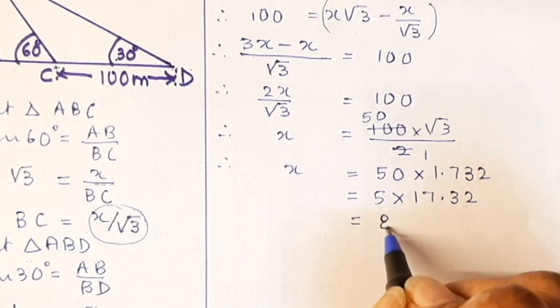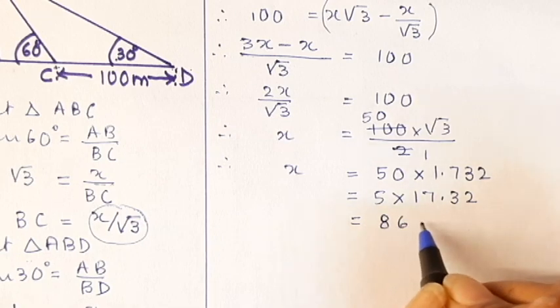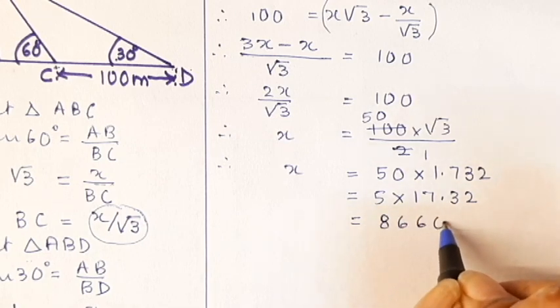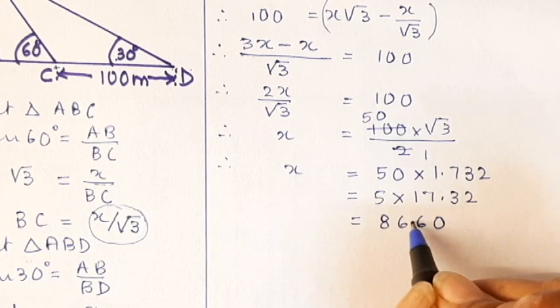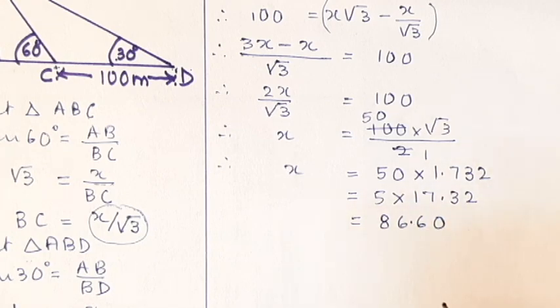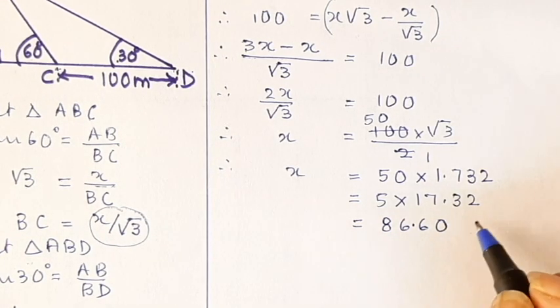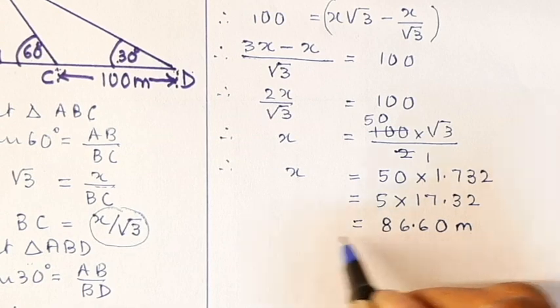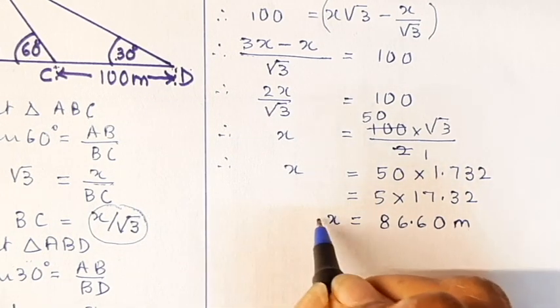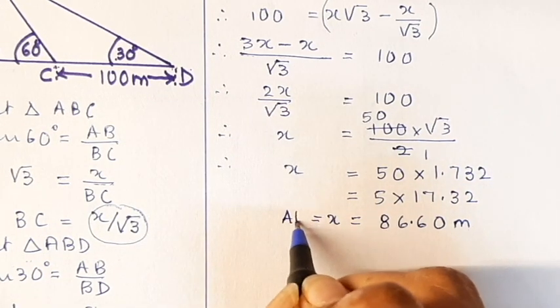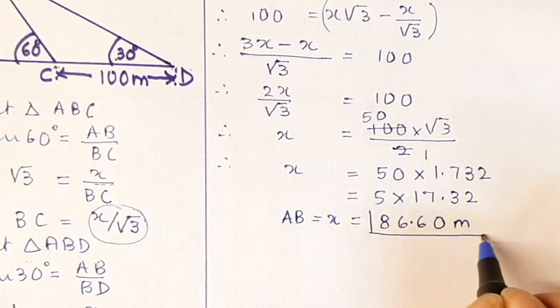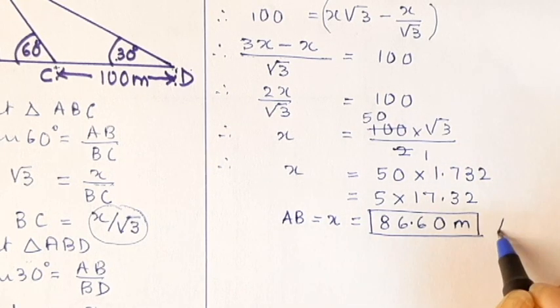So you are going to have 8, 6, 6, 0, and 2 decimal places will give me 86.60, and those many meters, that is our X, and our X is nothing but AB, and that becomes our answer.